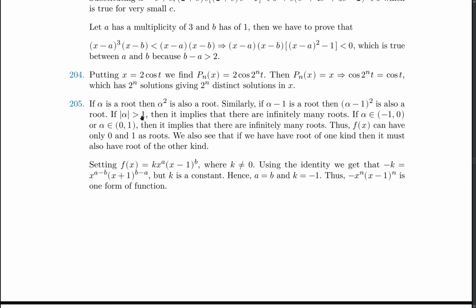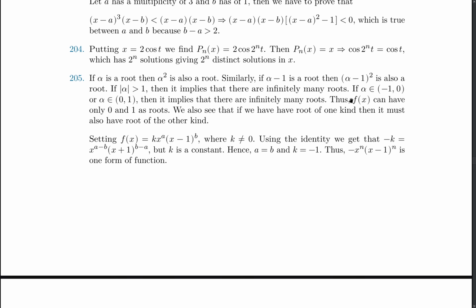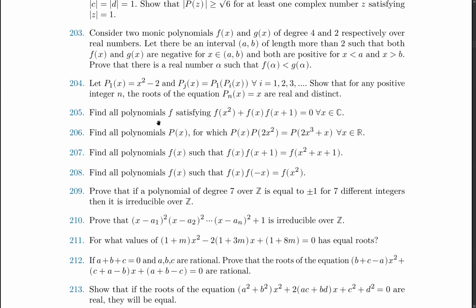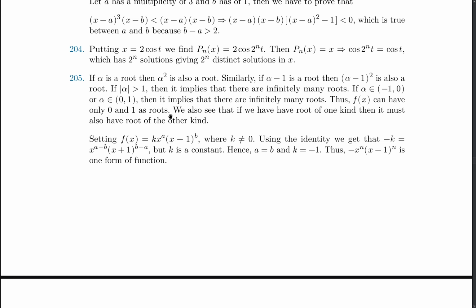If mod z is greater than 1, then it implies that there are infinitely many roots. And if alpha is in the set minus 1 to 0, or alpha is in the set 0 to 1, it implies that there are infinitely many roots. Thus, f of x can have only 0 and 1 as roots, because it cannot have infinitely many roots.